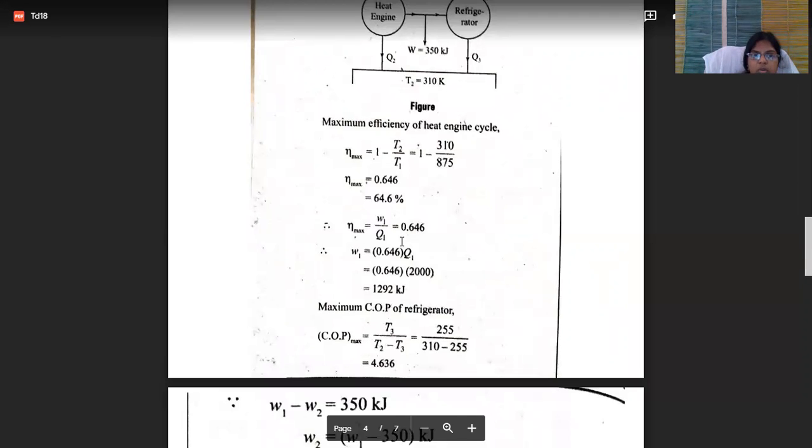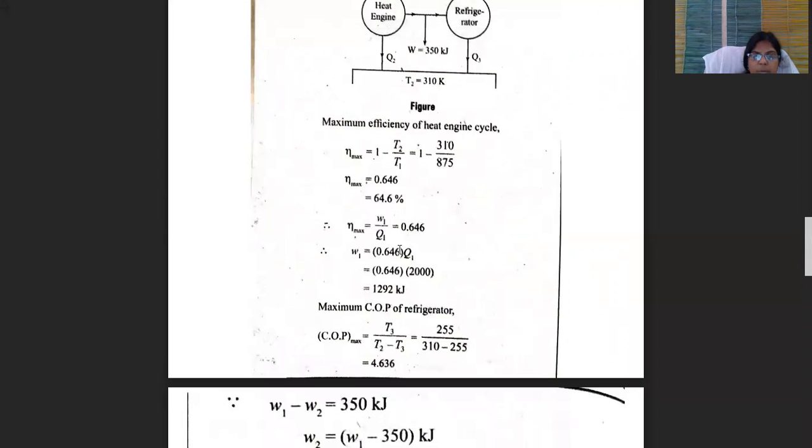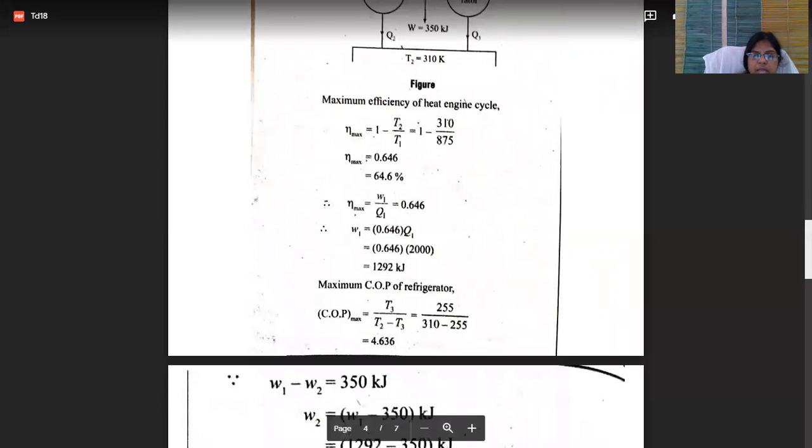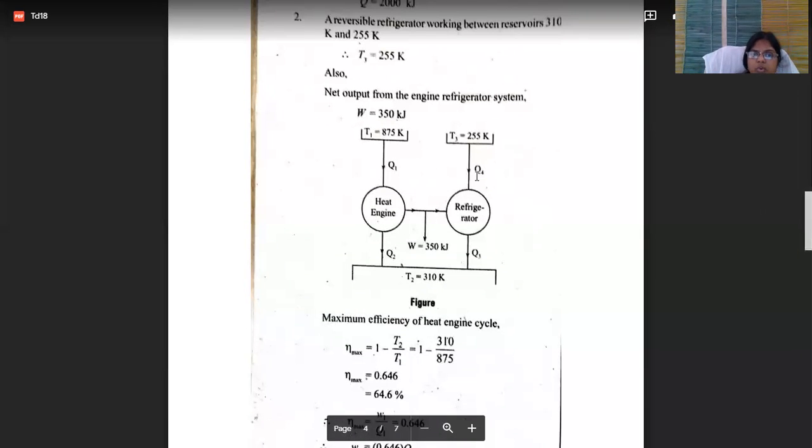Now we calculate the work done for the heat engine separately. W1 is equal to efficiency into Q1. Next, the coefficient of performance of the refrigerator is the desired effect by net work done, but we don't know the values of Q4 and Q3.